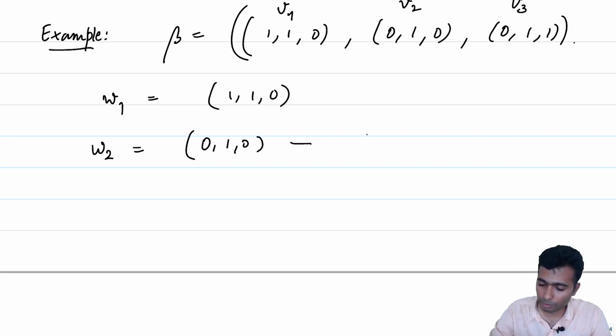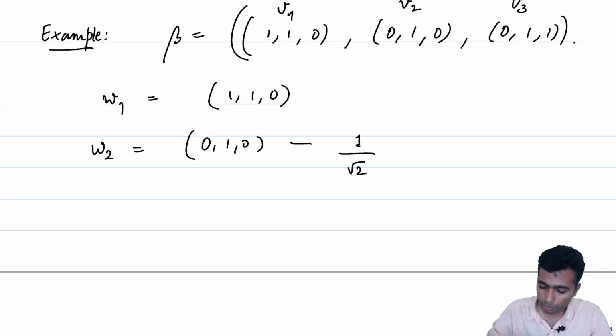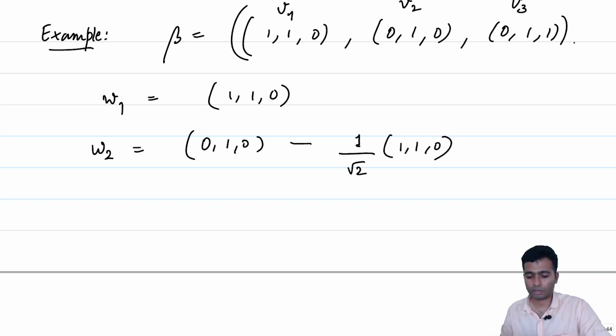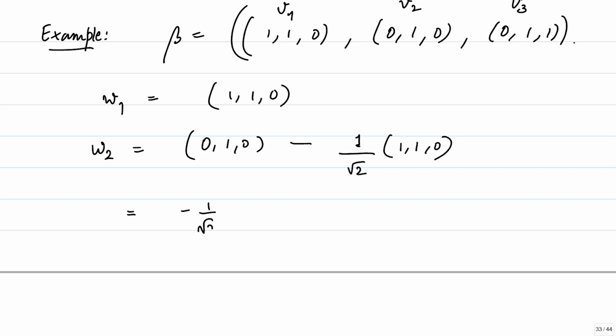So this is going to be the inner product of 0 1 0 with 1 1 0, which is 1, by the norm of W1 square, which will be square root of 2, times 1 1 0. Maybe I should have put V1 as V2 to make our computations easy, but that's okay. So this is going to be minus 1 by square root of 2, 1 minus 1 by square root of 2 and 0.